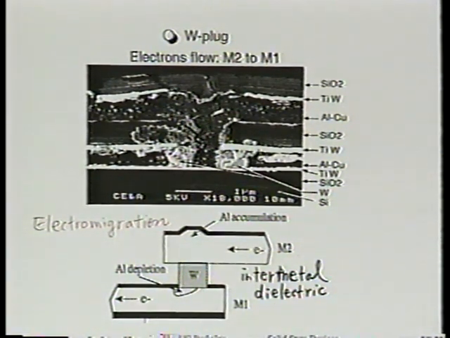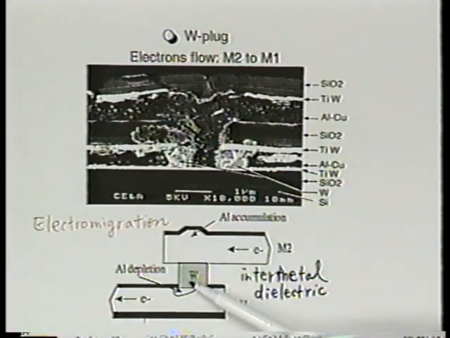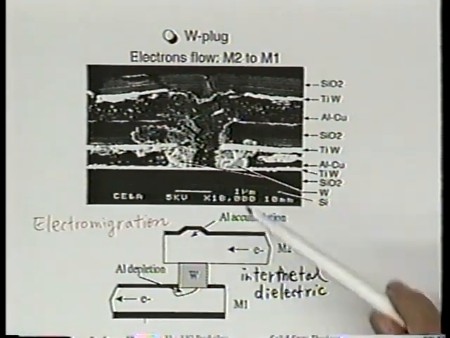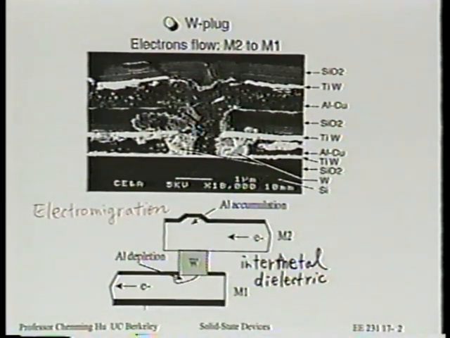So let's assume we're looking at this case. If we pass current from metal 1 to metal 2, in other words, if the electrons flow from metal 2 through the tungsten plug, through this metal 1, let's call it aluminum. After a while, if you cut this structure and then look at it using SEM or TEM, what you will find is that a void would appear here. What happens is that aluminum has much higher mobility than tungsten.